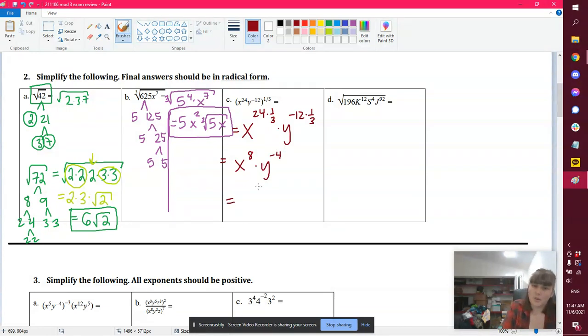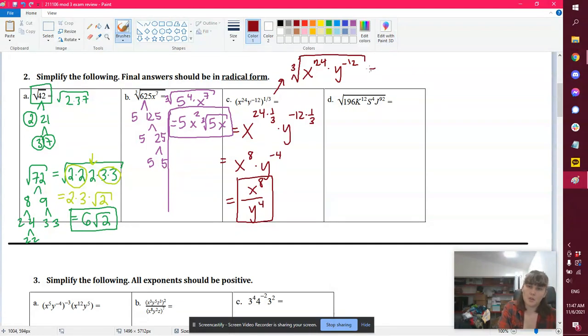And then, as always, if we've got a negative, we would put it on the bottom or switch its side. We could have thought about this as the third root of x to the 24 y to the negative 12, because 1/3 is the third root. We then could have moved the y stuff to the bottom and kept going from there. Either way works.